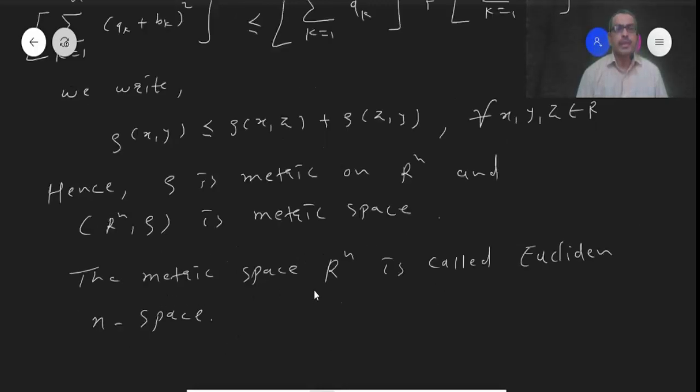The metric space R raised to n is called Euclidean n-space.